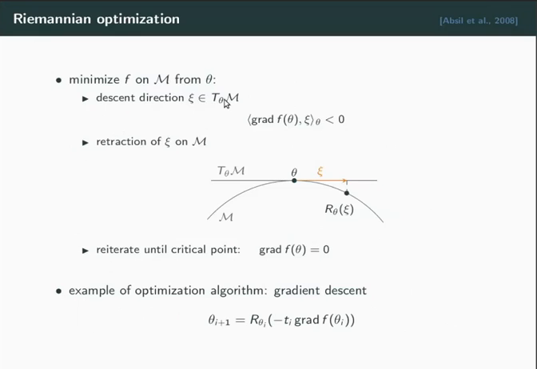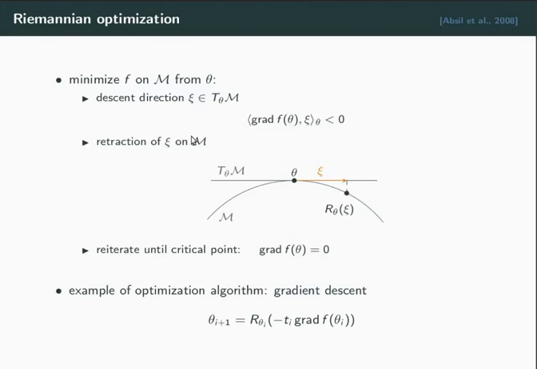Given some point, the first step is to find a descent direction. So, for example, we can take the opposite of the gradient, but we can also take some other more specific things such as a Newton iteration or things like that.